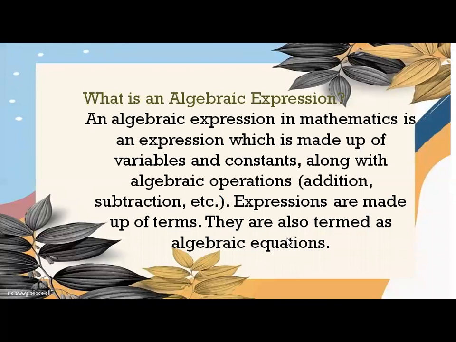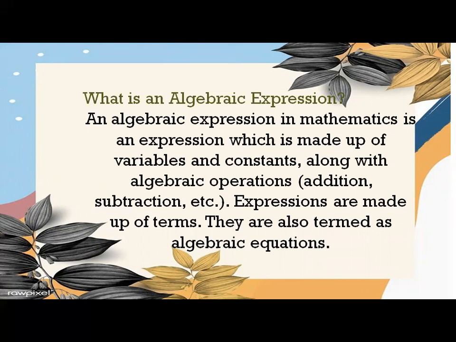First, what is an algebraic expression? An algebraic expression in mathematics is an expression which is made up of variables and constants along with algebraic operations like addition, subtraction, and so on. Expressions are made up of terms.